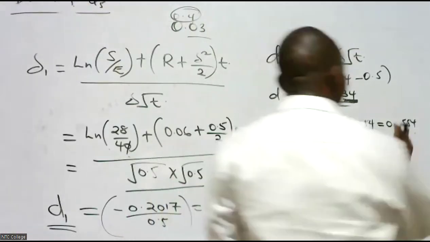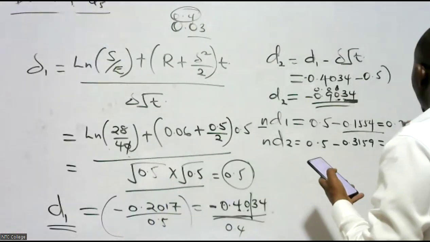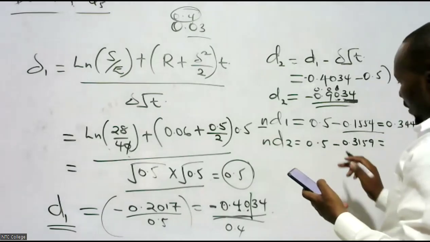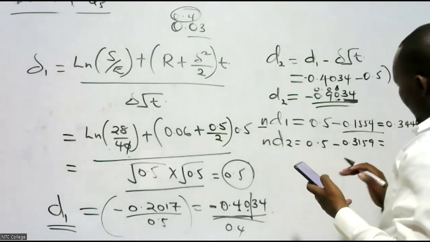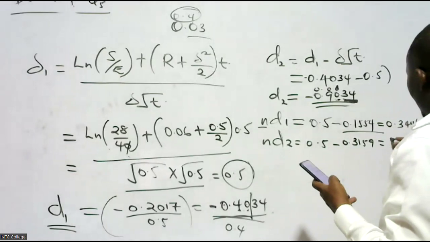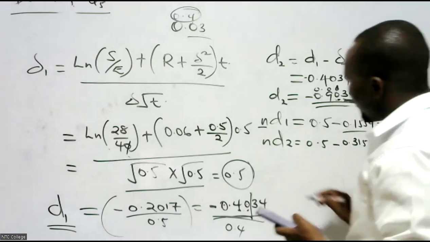So the answer here should have been 0.3446. Then this one, if you minus 0.3159, you're getting 0.1841. Now you normalize them.